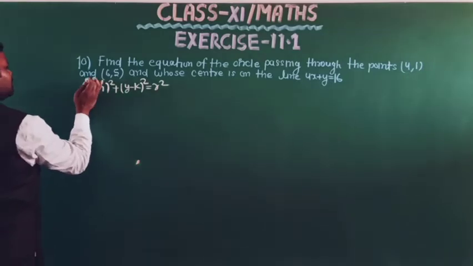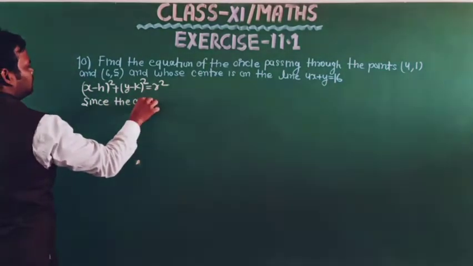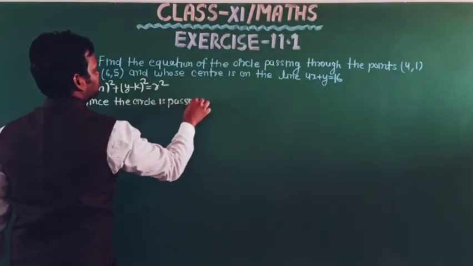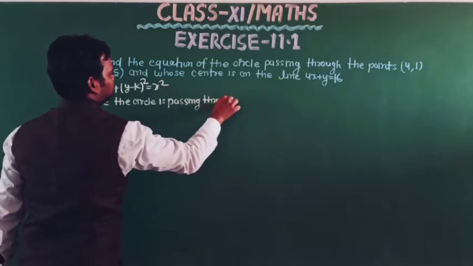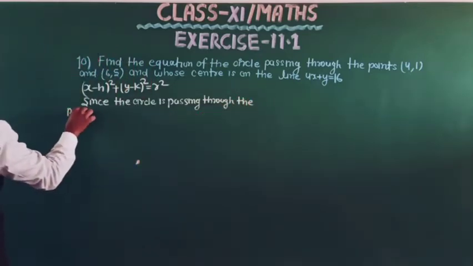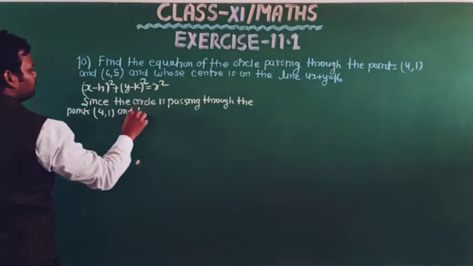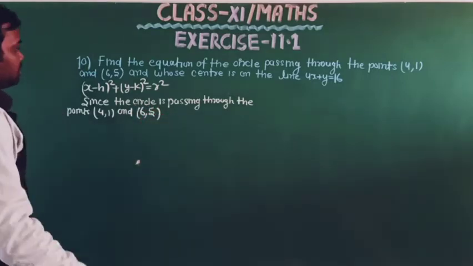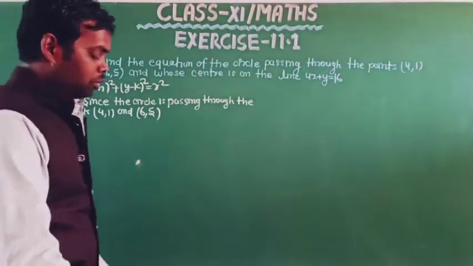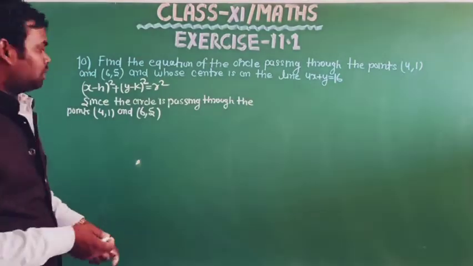Since the circle is passing through the points (4, 1) and (6, 5), these points have to satisfy the equation of the circle.